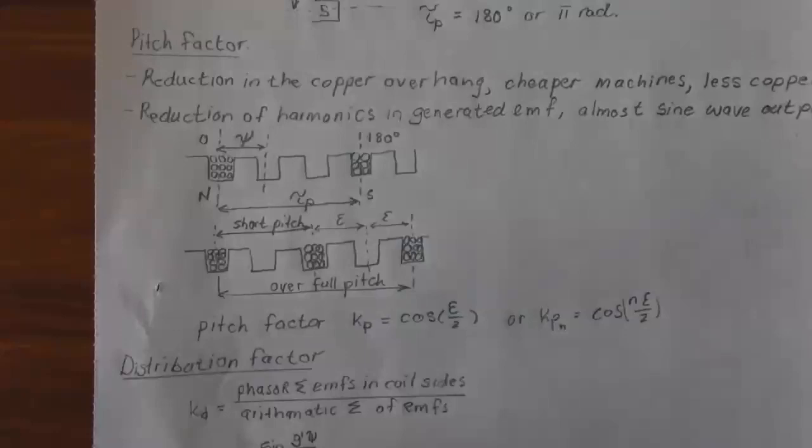And for an over full pitch, it is more than 180 degrees by epsilon degrees. So therefore the pitch factor Kp is cos of epsilon divided by 2. Now if we take harmonics into account, then Kp of the nth harmonic is equal to the cosine of n times epsilon divided by 2.